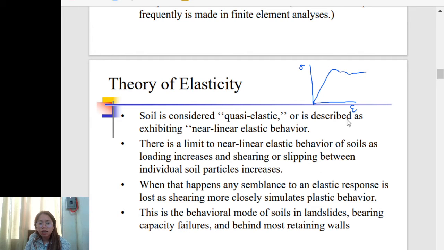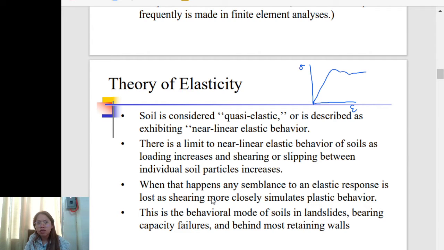As loading is increased, it will behave as plastic already, meaning that as load is increased more, or even without increasing the load, the tendency is that the deformation is big.